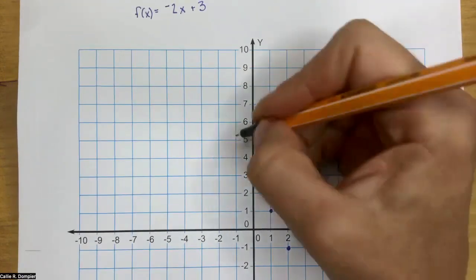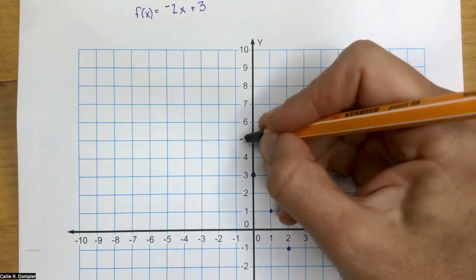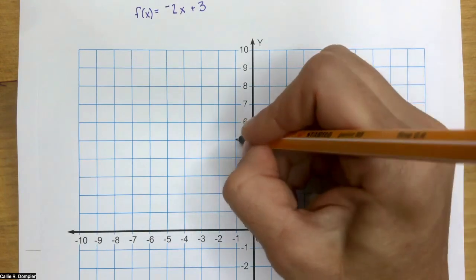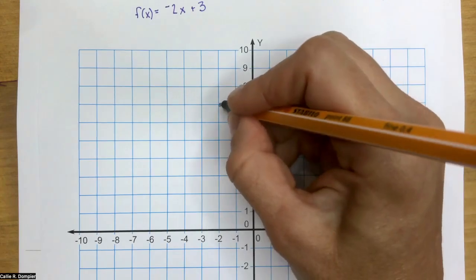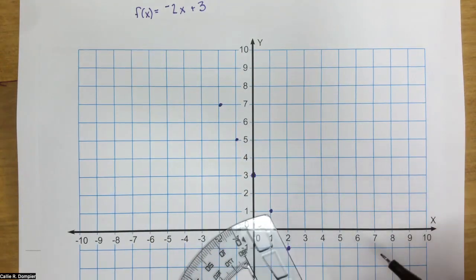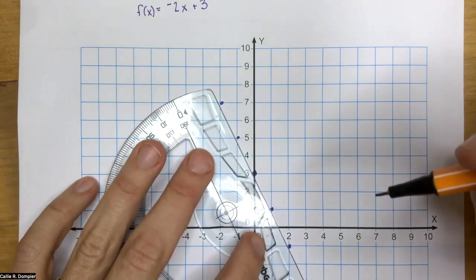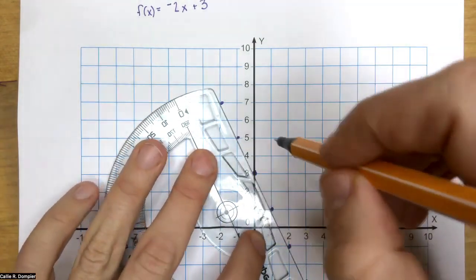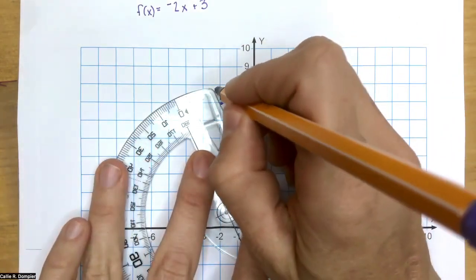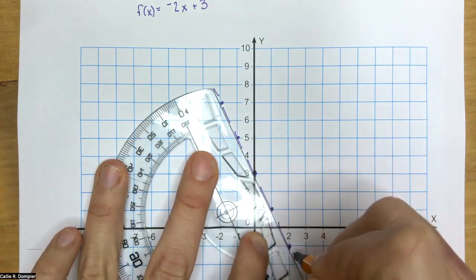You can also do the opposite, right? Because you see that it's a line, so you can go positive y, negative x, positive y, negative x. So I'm going to draw this line like this on my graph.